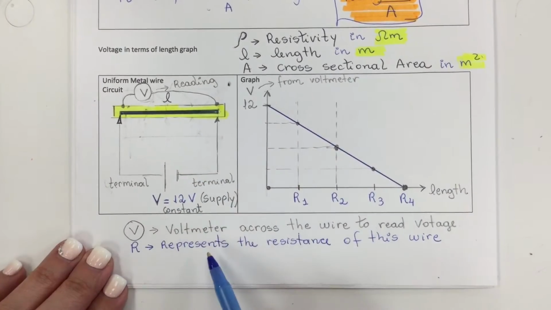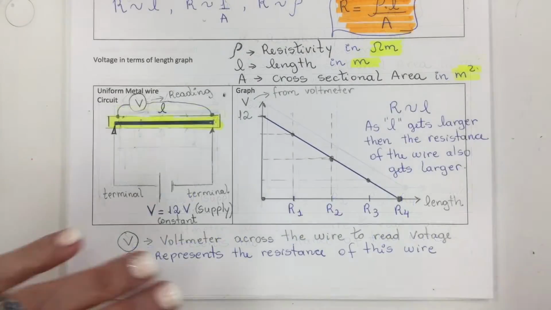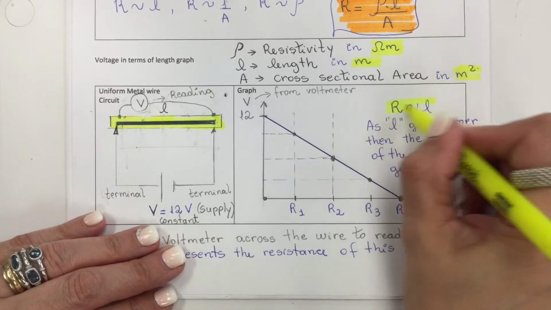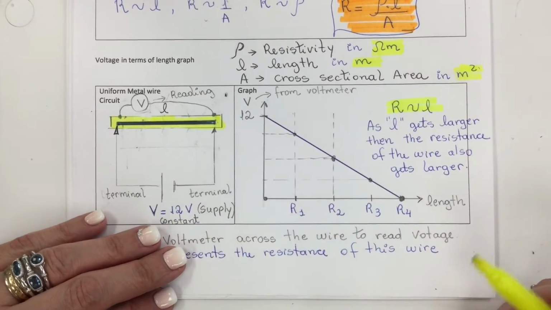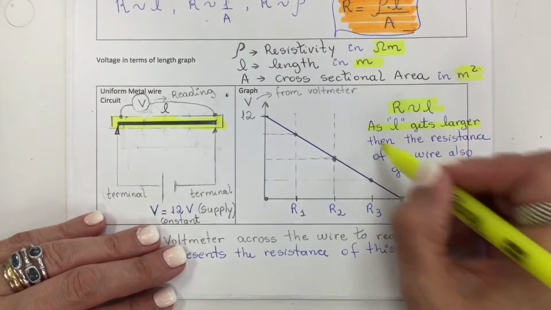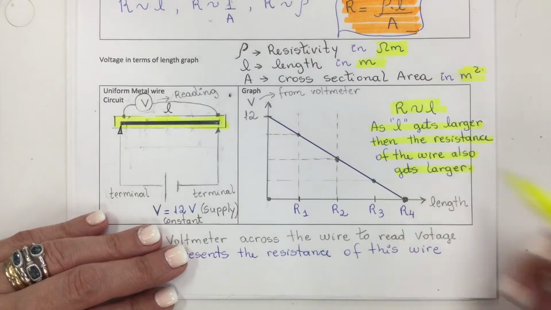So R represents the resistance of this wire. R is proportional to length. So as length gets larger, the resistance of the wire also gets larger.